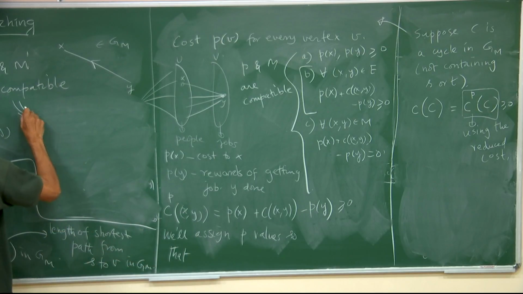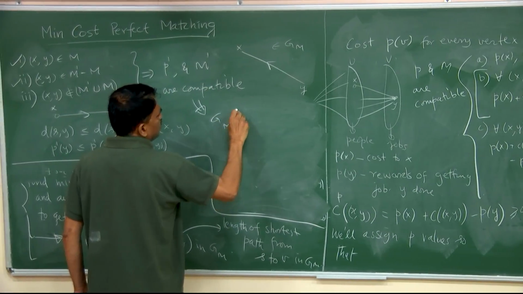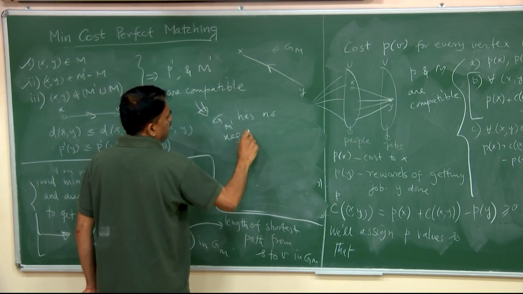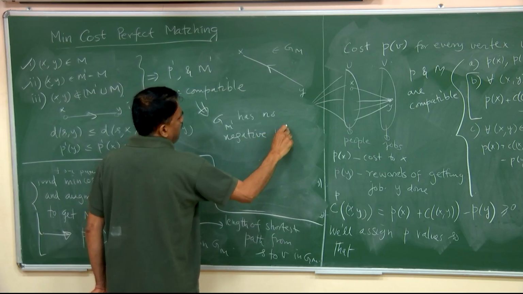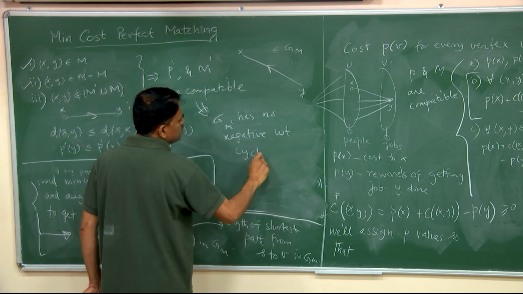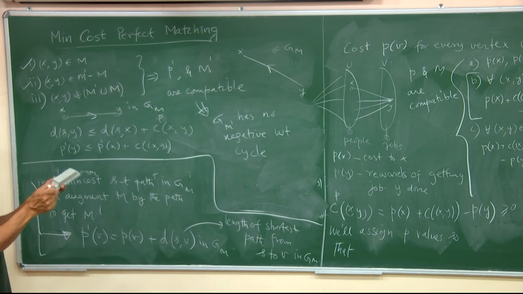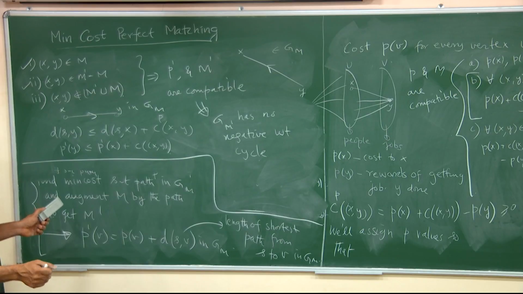This means that G M prime has no negative weights, because the reduced cost of every edge in the residual network is greater than or equal to 0, and that's it.